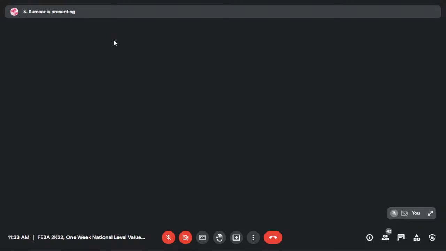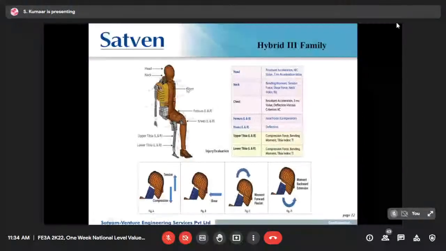From the chest sensor, we can measure the resultant acceleration, the chest deflection, and the chest deflection viscous criteria. So these things will be measured. In the same way, in the pelvis region, we will measure the pelvis acceleration and the pelvis displacement.